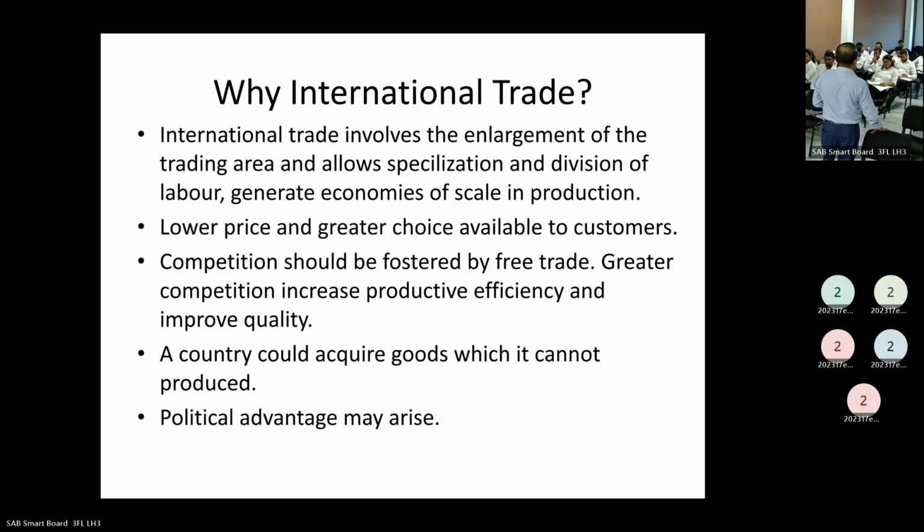There are arguments, though: if we import goods at a lower price rather than producing domestically, that may discourage domestic industries.